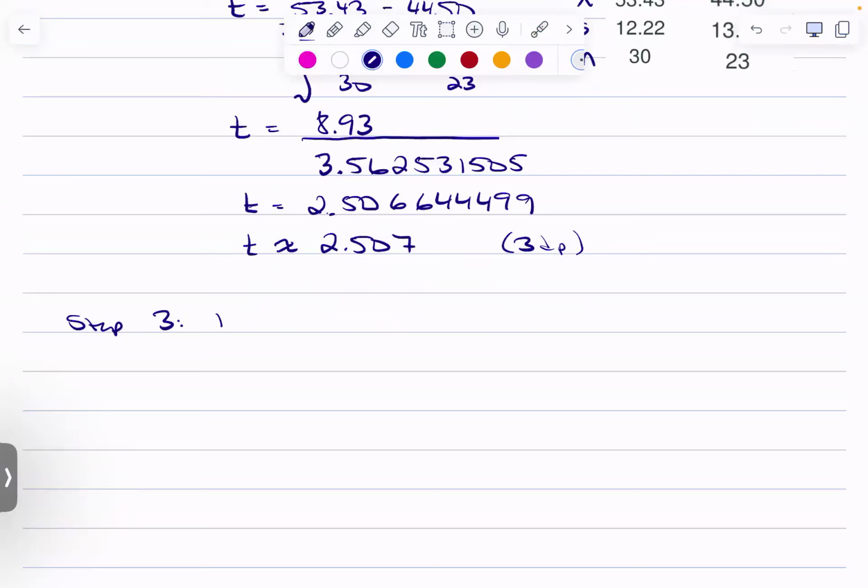Step 3, find the p-value. In order to find the p-value, I need my degrees of freedom.